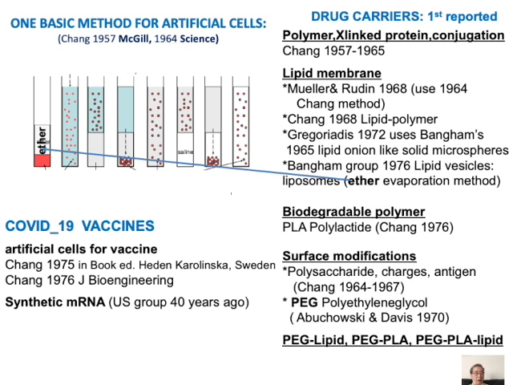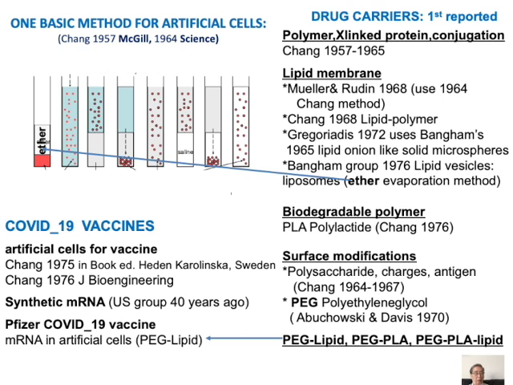Synthetic mRNA was already available by a US group 40 years ago, but nobody saw much interest in either artificial cell or mRNA for vaccine. It was not until the Pfizer COVID-19 vaccine, more recently, based on lipid membrane nano-artificial cell.